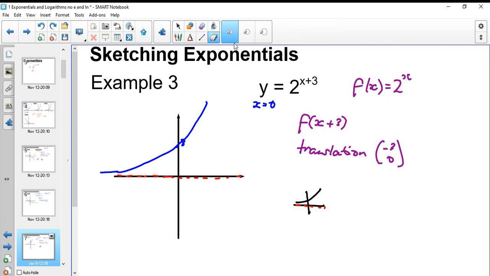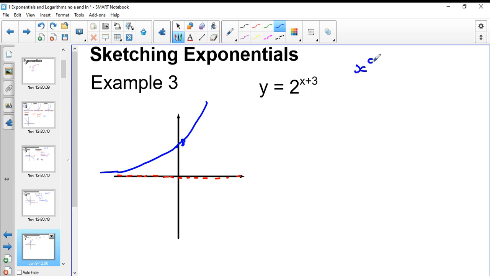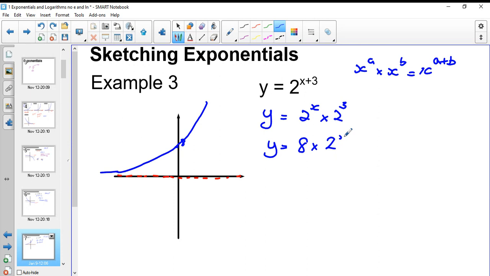Now we can consider this in a slightly different way, using laws of indices. If we use this rule, which you're used to using, if we say that y equals 2 to the x times 2 to the 3, that's 8. So we could consider this as a multiplier.